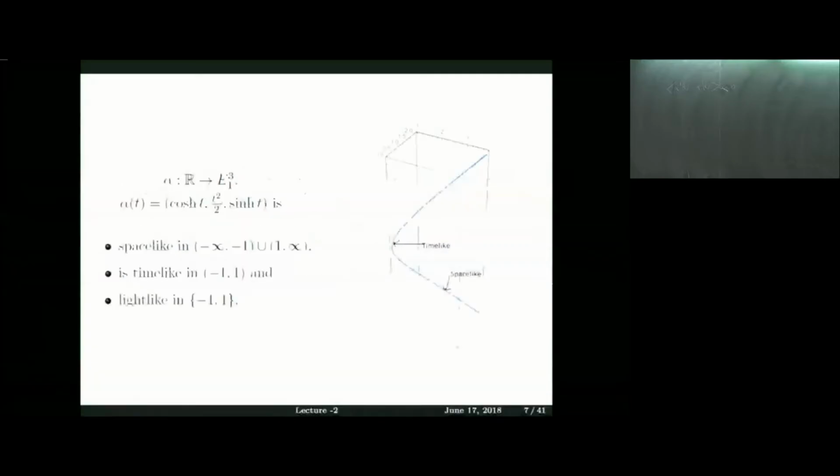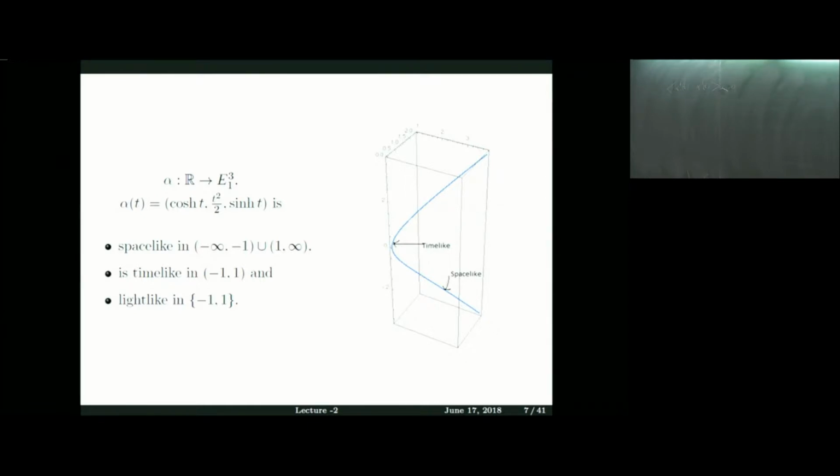Only the space-like curve may not be regular, and a curve may not be any of the above types. For example, if you take this curve, the expression looks bad, so you can start with very simple examples like a circle. I'll give you one more example.